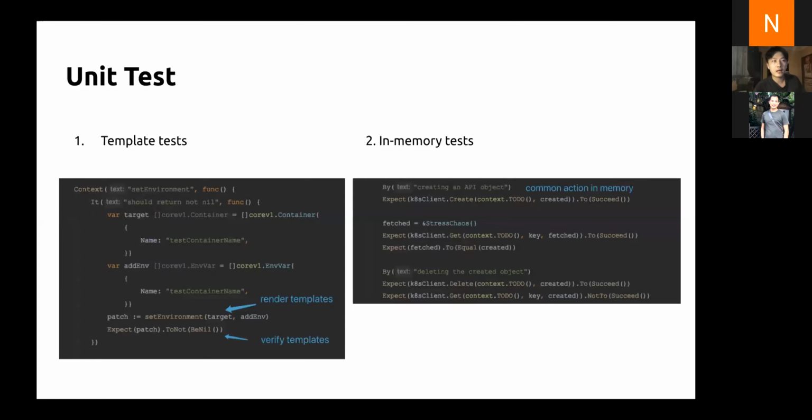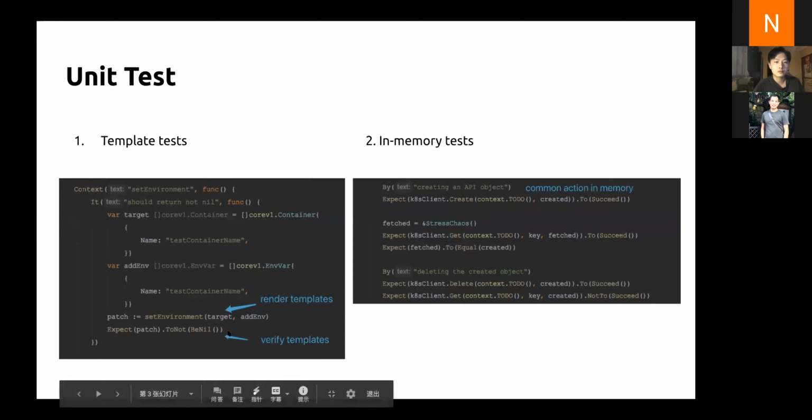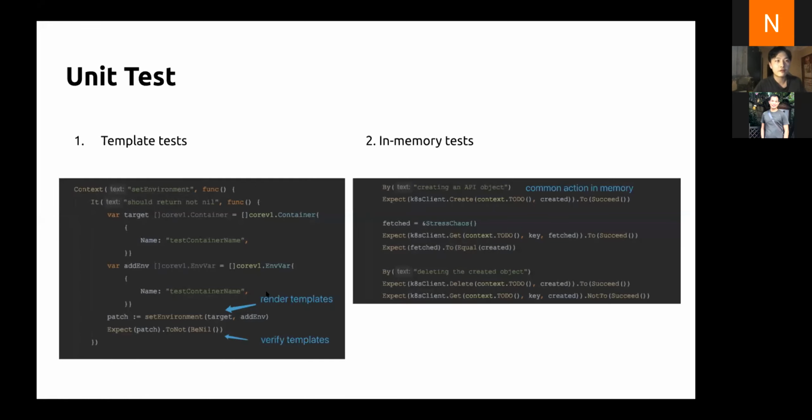To solve the problem I mentioned before, we began to add many unit tests for Chaos Mesh. In my view, there are mainly two types of unit tests for applications in Kubernetes. One type is around templates, rendering or verifying.